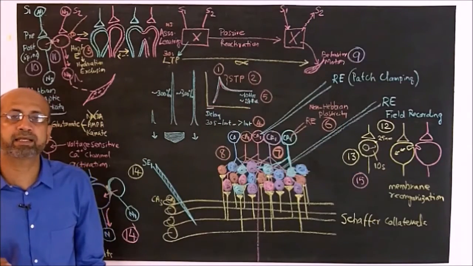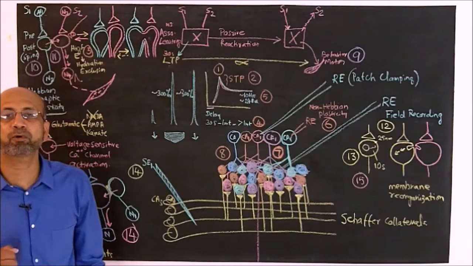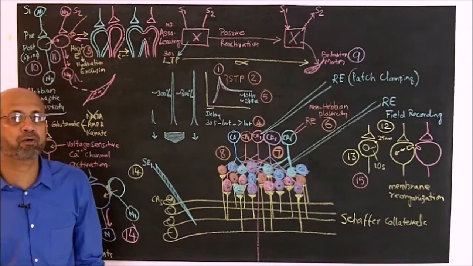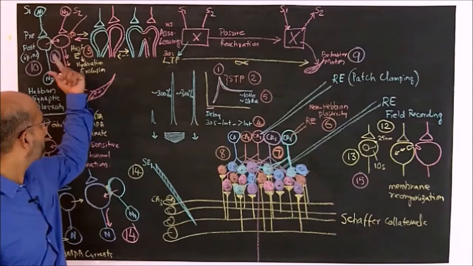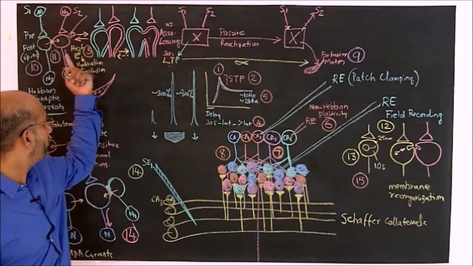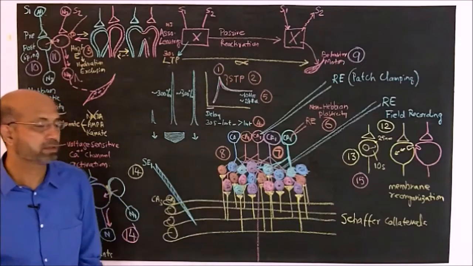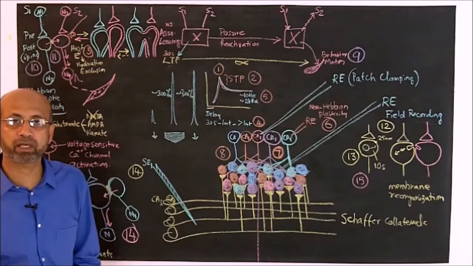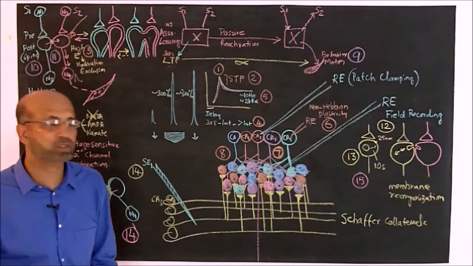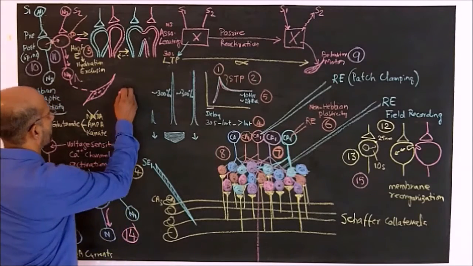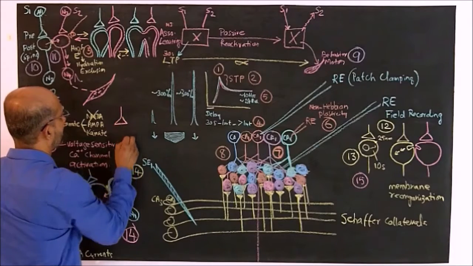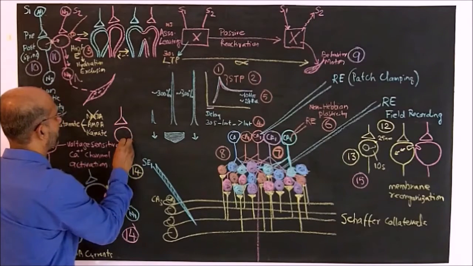Now we will see certain proteins within the postsynaptic terminal or within the dendritic spines that are important both for the physiological functions of the formation of different interpostsynaptic functional links, as well as for the induction of LTP. Such a protein is called SNARE protein. So this is a presynaptic terminal, this is a postsynaptic terminal.